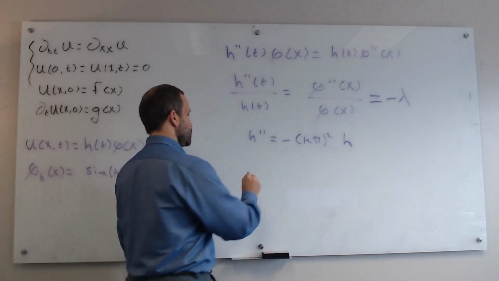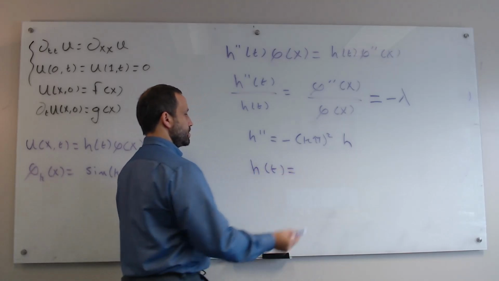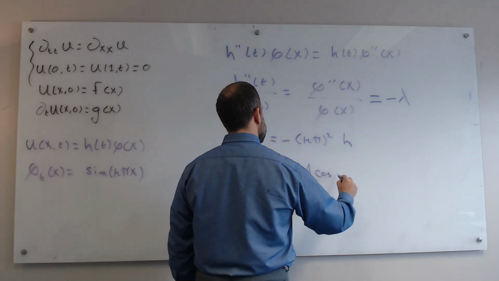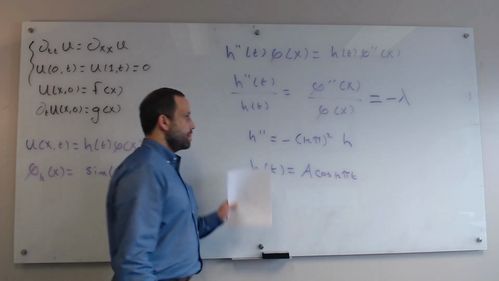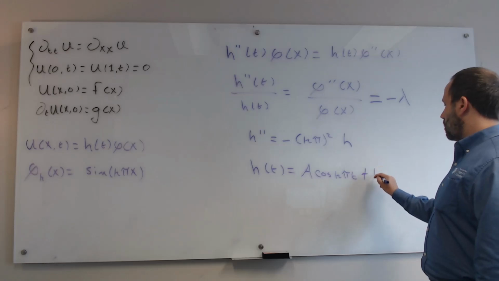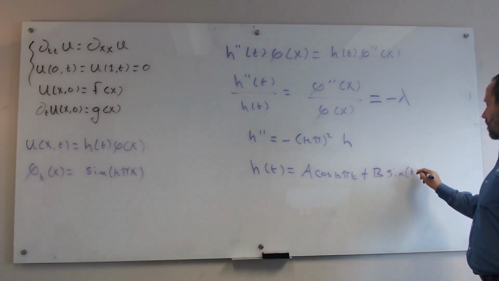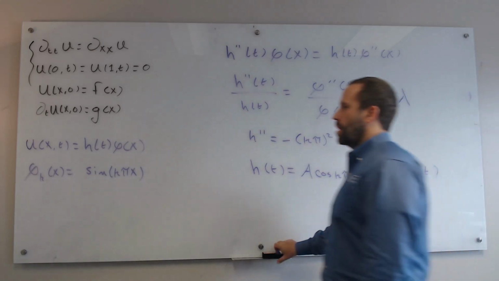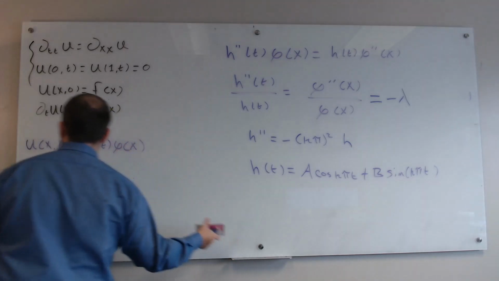So what is h? Well, h of t is going to be equal to some constant a times cosine of k pi t. Remember, h is the t equation. Plus b times sine of k pi t. So now our product solutions are going to be a little more complicated.